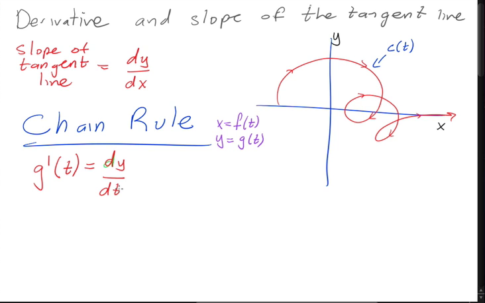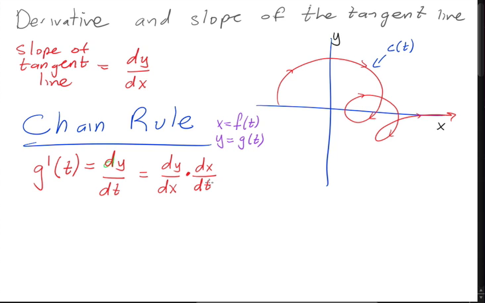Okay, but then if I want to use the chain rule here, what would this look like? If I want to write dy over dt as dy over dx, then dy over dx times dx over dt, right? So dy over dt is equal to dy over dx times dx over dt, right?